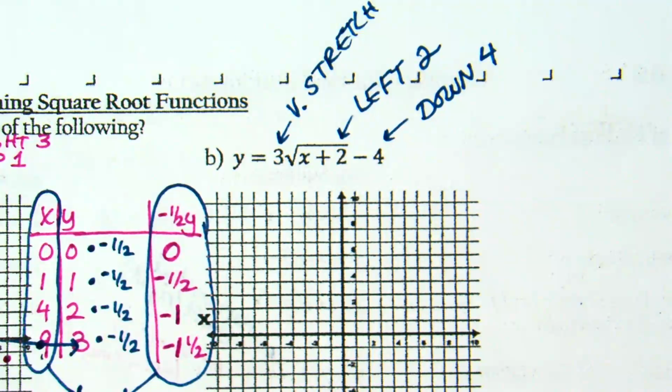Now, the stretch. A vertical stretch affects the y values, right? So if you recall from what I suggested yesterday, we take the y values from our original xy chart and multiply them by 3. Now, we don't have a reflection to worry about this time. So I'm actually going to write this step down so you have the visual to see it.